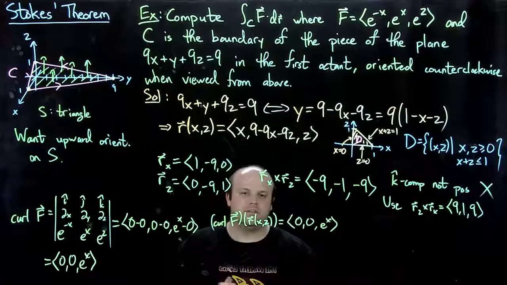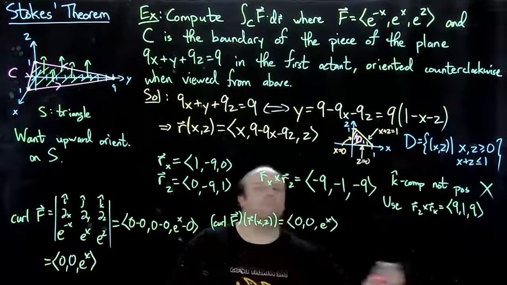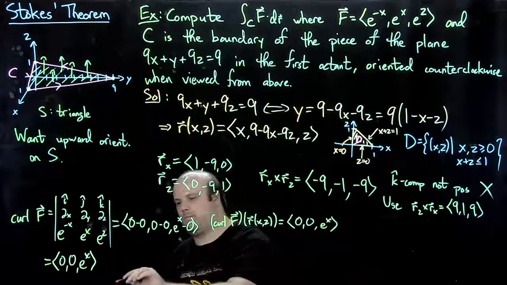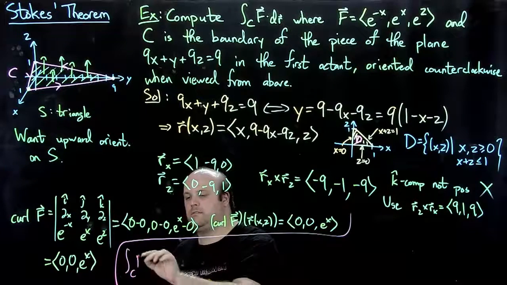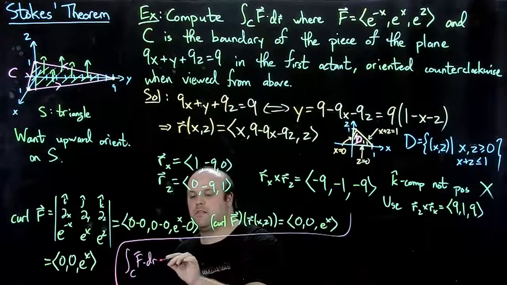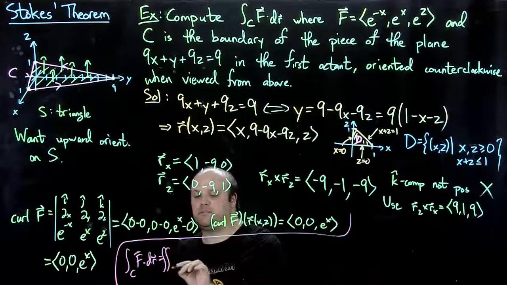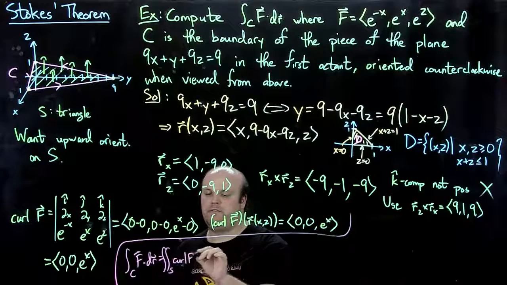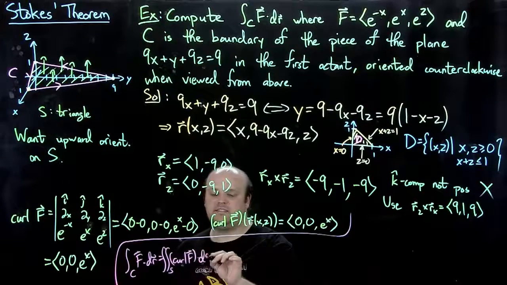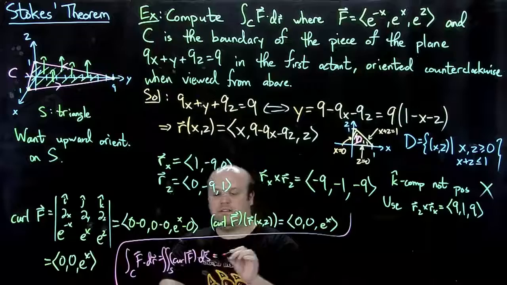So now is where we use Stokes' theorem. Right. So this line integral became this double integral over the surface S of curl f dot dS.